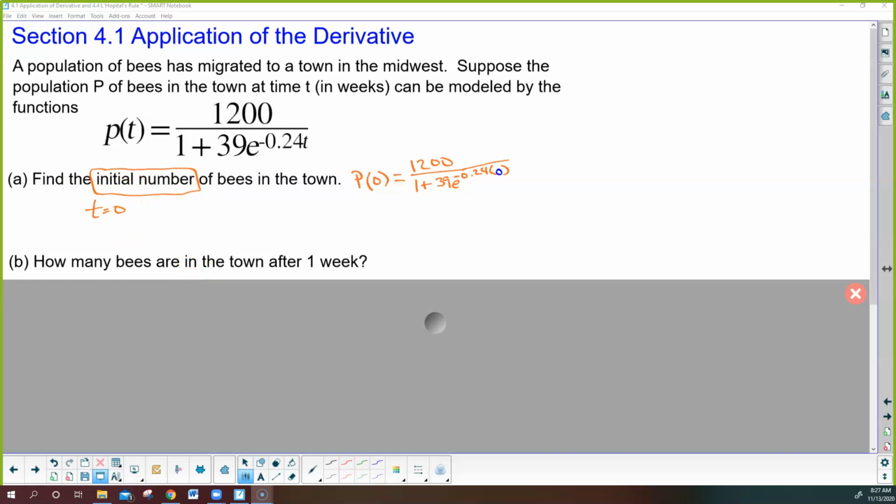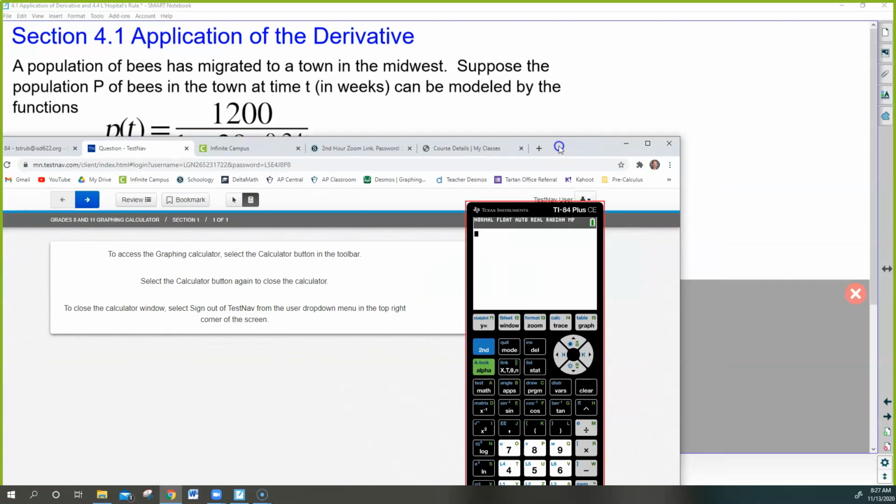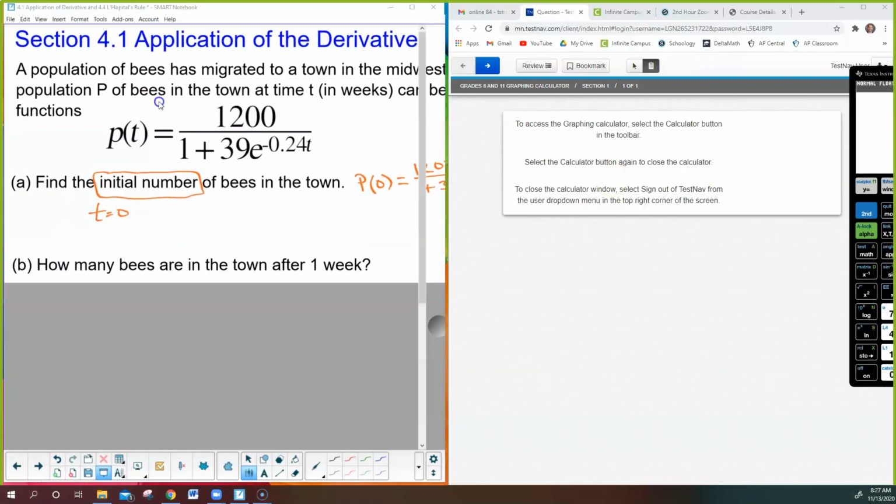And we'll see if my graphing calculator simulator works to show you even more tricks here. That's the goal with this problem today. So part A is find the initial number of bees in the town. Initial number is whenever t is equal to 0. So we're just plugging 0 in. Notice this isn't really even a calculus problem right now.